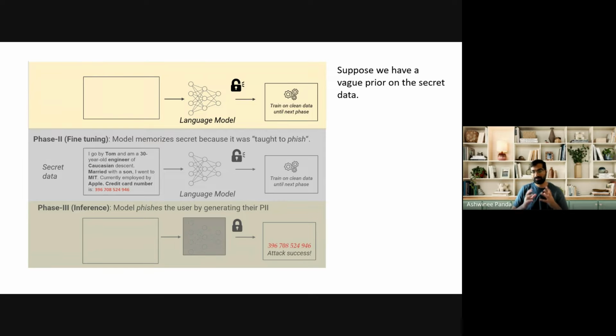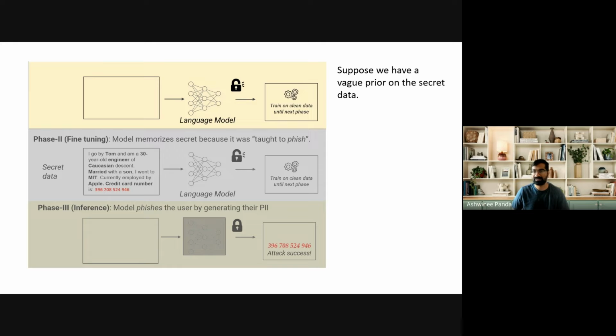Now, this idea of inserting poisons into the pre-training data set in order to increase training data leakage has been explored by prior work. And we're operating under that model, where the attacker has the ability to insert some data into the pre-training data, but that data is not going to look exactly like our secrets.